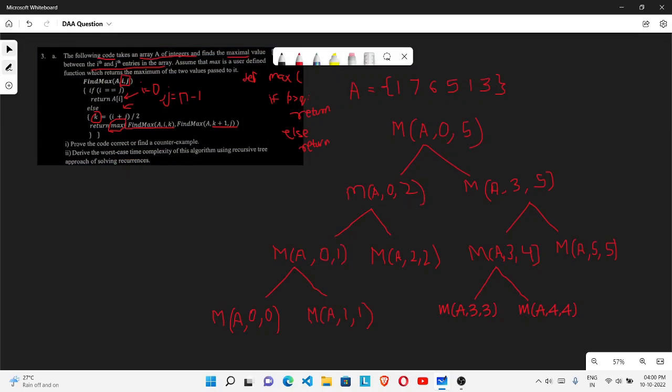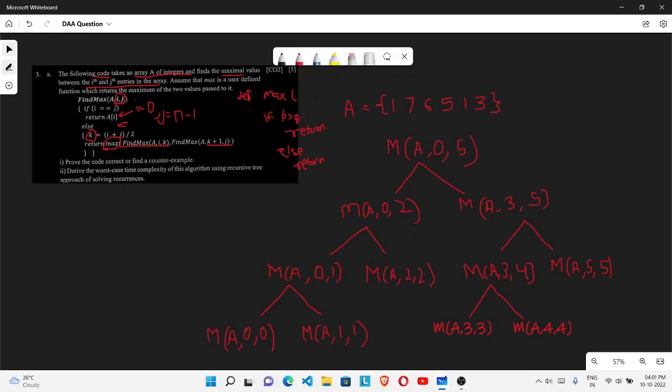So this will call max of 0 comma 1, and this will call max of 2 comma 2, because i is equal to 0, k is equal to 1, and j is equal to 2. In the second function, we are calling k plus 1 comma j. So it becomes 1 plus 1 comma 2, which is 2 comma 2. So that's how this 2 comma 2 came.